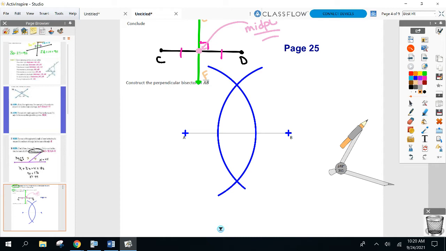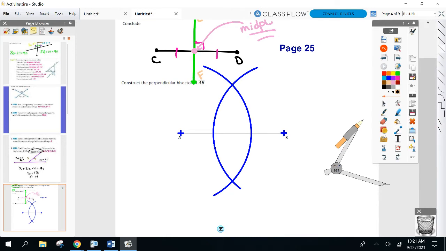The old fish. Grab your straight edge, draw it through. And you better put some labels on here.